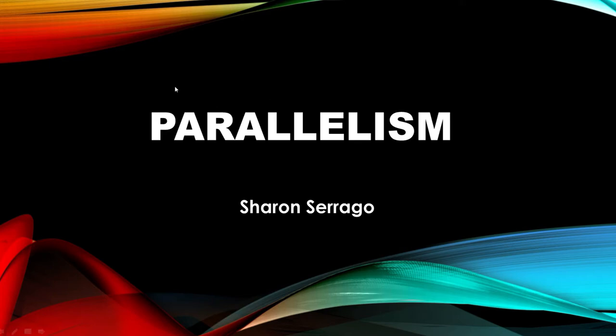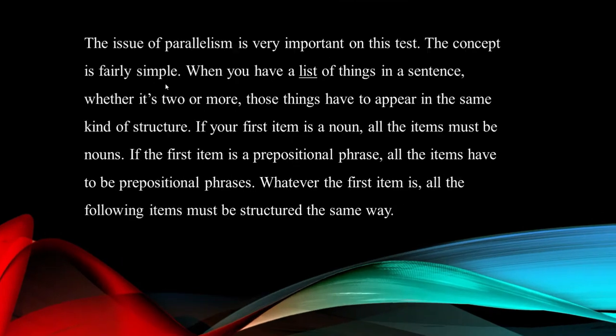The first thing that we want to start with, of course, is looking at things in a list. So if you have several things, you want to be sure that they are all the same structure. What that means is, if you have a noun and then you have a second noun, everything in that list has to be nouns. So even if it were just two, they have to be the same.